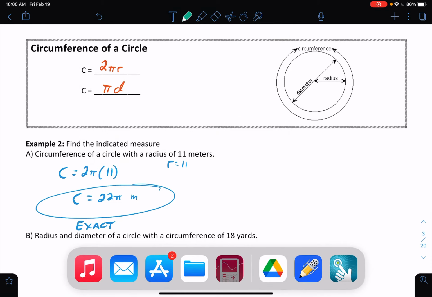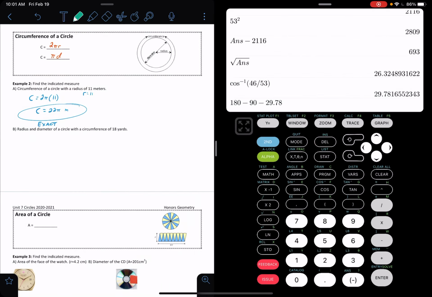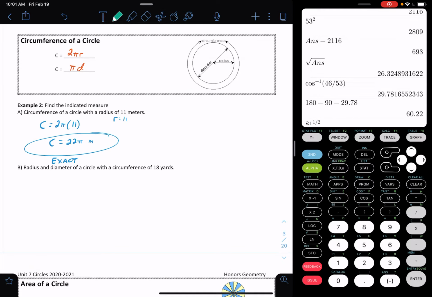Now let's get my calculator out here. If I use my calculator for 22 and then pi, which is the second function on this caret, so 22 pi, do not use 3.14.